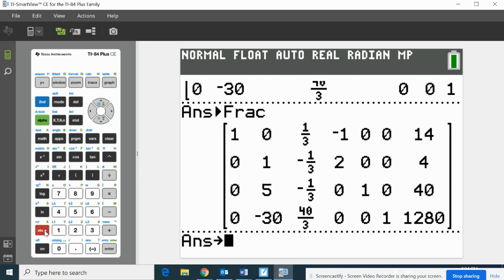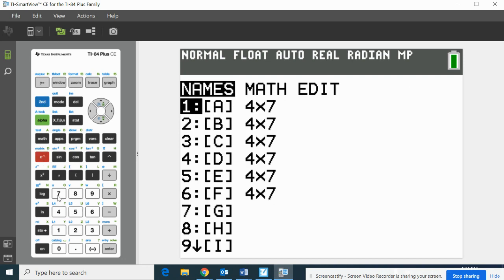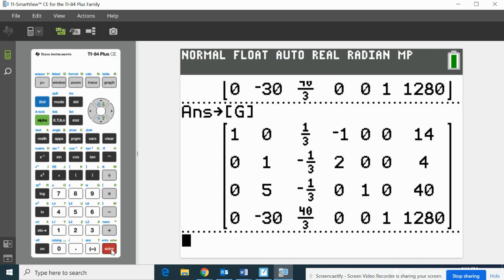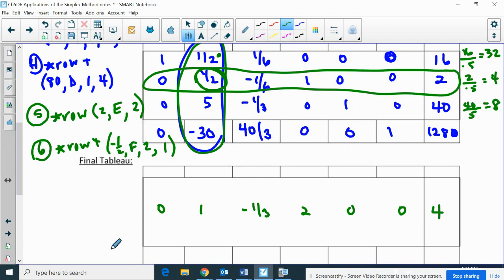And then I'm going to hit store this, second matrix to number 7, and hit enter. All right, so now I'm going to go record row 1 into my tableau. 1, 0, 1/3, negative 1, 0, 0, and 14.